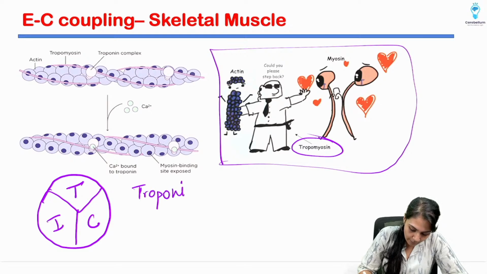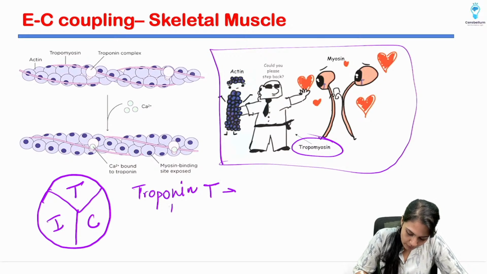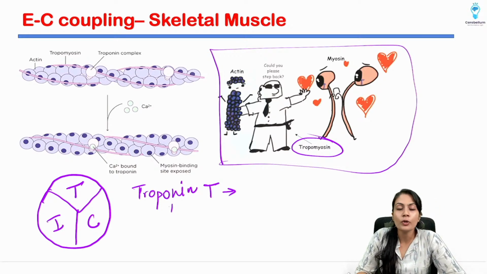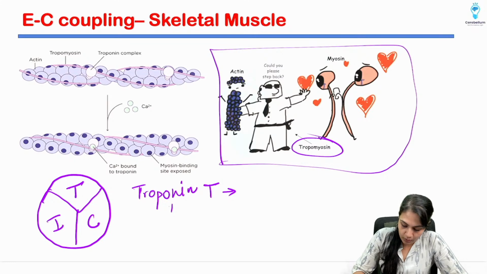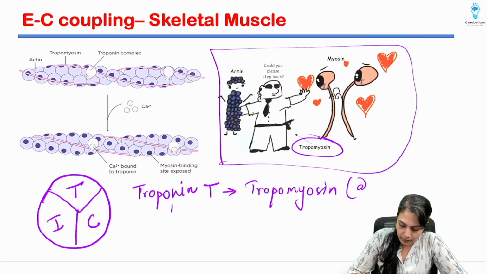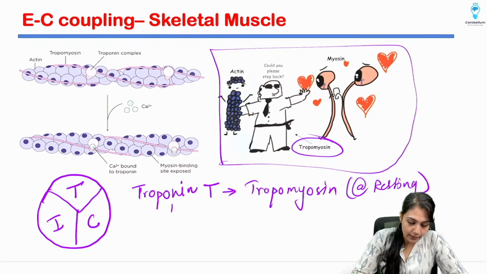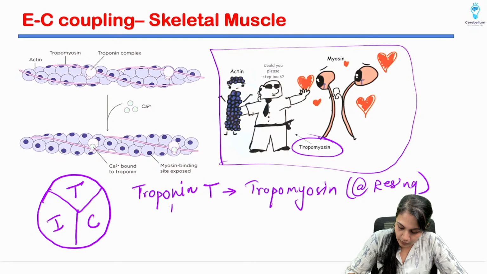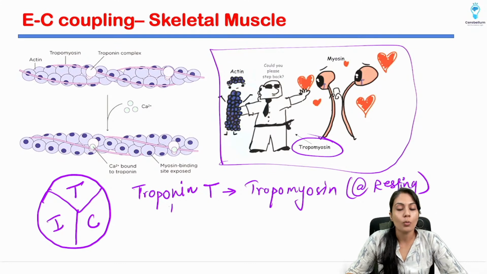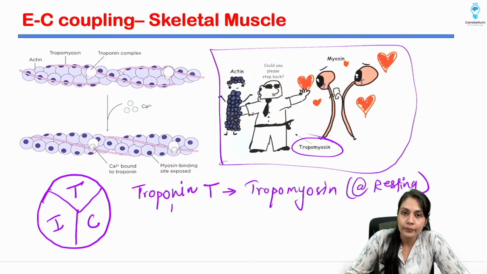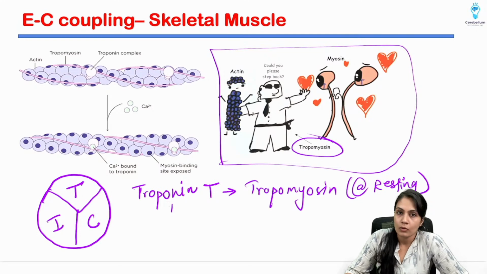Okay. Troponin T. What will the troponin T do? The troponin T is going to bind to the tropomyosin at resting phase. So that's why in the resting condition the muscle won't contract. Why? Because thankfully we have the tropomyosin and troponin T, which will inhibit the contraction.